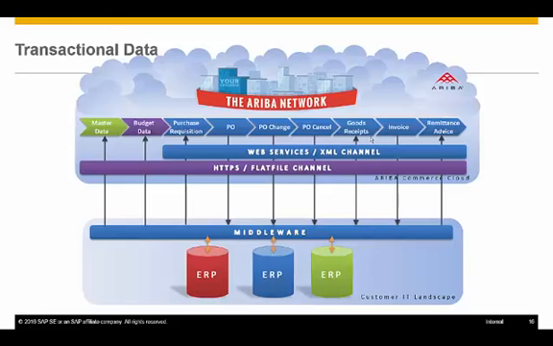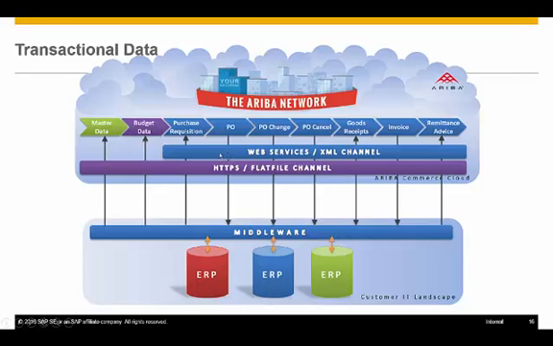And here is another pictorial representation of how the transactional data integration happens. Again, at the very bottom, you will have your ERP. You can consume the transactions and maybe feed the transactions into multiple instances of ERP or multiple systems on your end, and you will have the middleware to facilitate that. And at the very top, the chevrons represent the different types of transactions that can be integrated between P2P and the ERP.